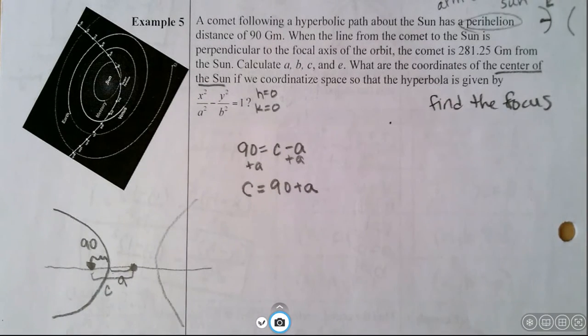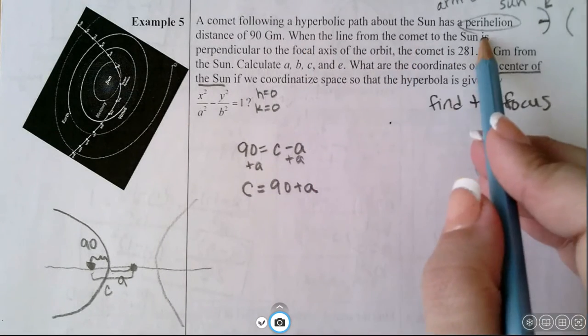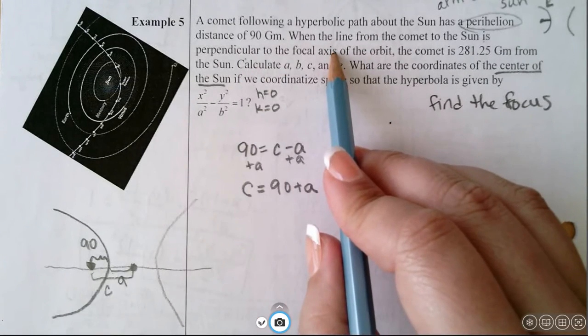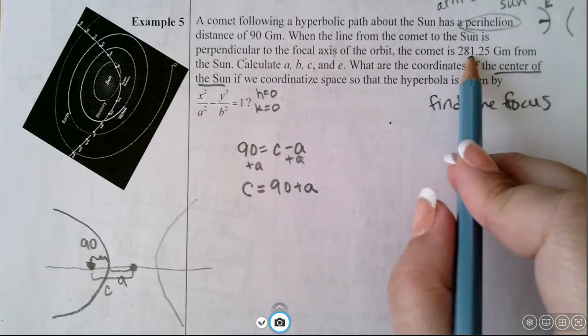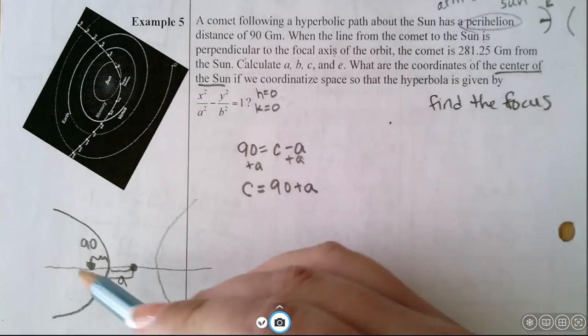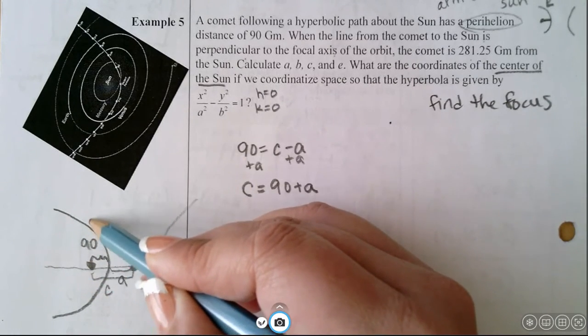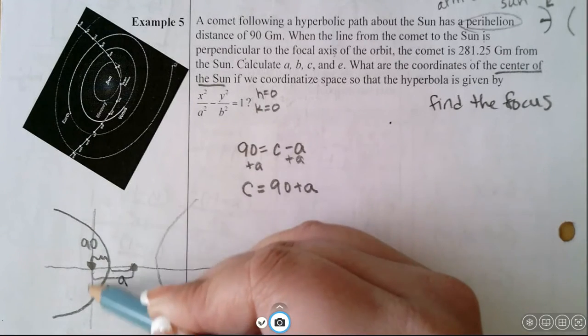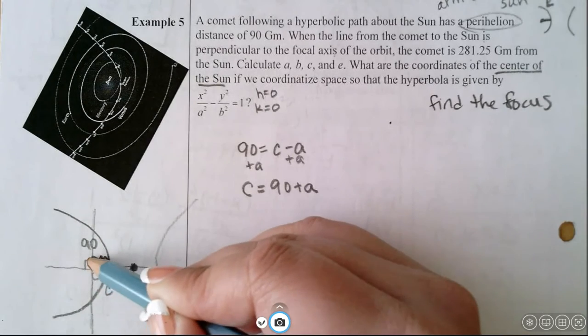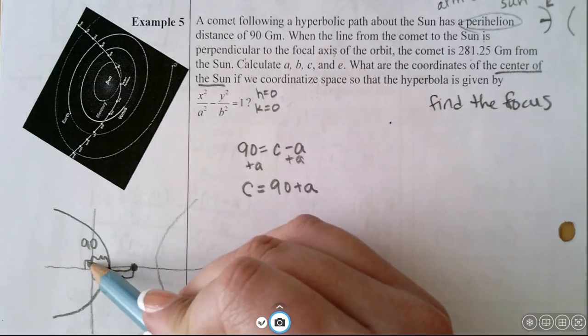We'll need to use our second piece of information to finish solving this, which is that when the line from the comet to the sun is perpendicular to the focal axis of the orbit, the comet is 281.25 gigameters from the sun. So what does that mean? That means the comet has to be perpendicular to the focal axis from the sun.